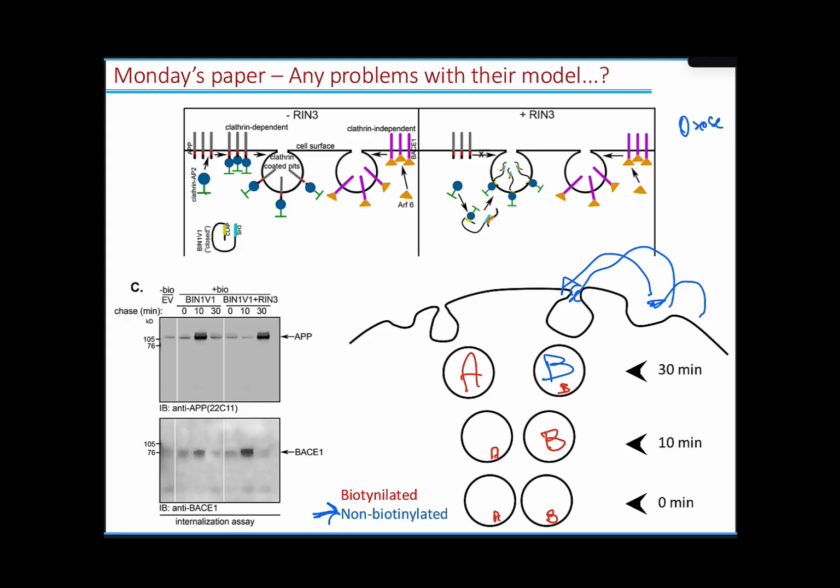So let's imagine for a second that we don't shave the surface of the cells, right? So in my humble opinion, what that would have shown is that at 10 minutes there was base. So let me point to it because I'm pointing. So there would be base there, but no APP. At 30 minutes, there would be biotinylated APP. But you know what? There would also be a lot of biotinylated base.